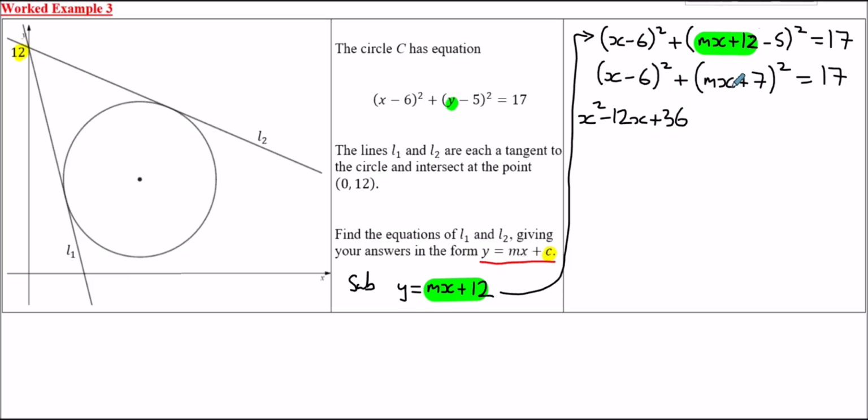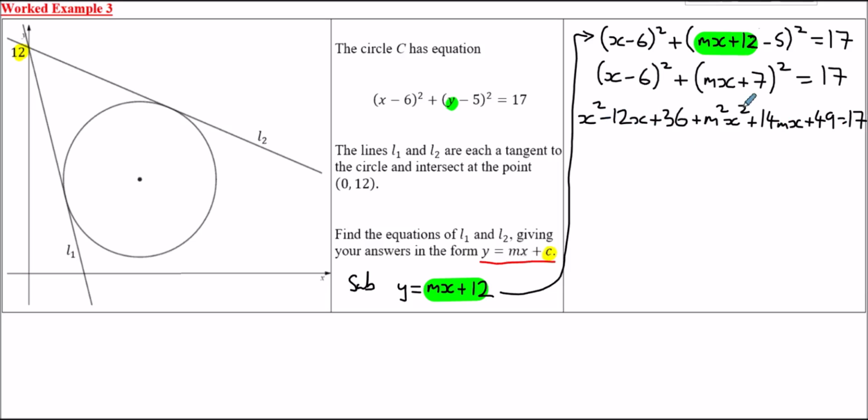If we expand this one out, we'll get mx all squared, so it's going to be plus m squared x squared. Mx times 7 and double it, so we get 7mx doubled to give 14mx. Square the 7 to get 49, and that equals 17. So already you can see what a big thing this is going to become.